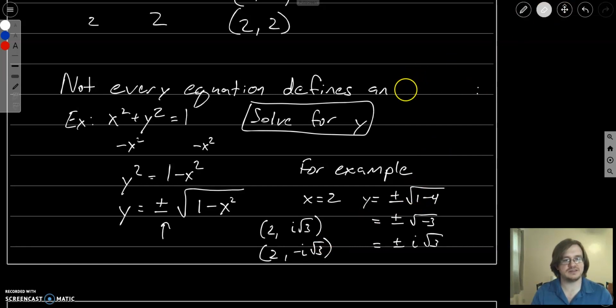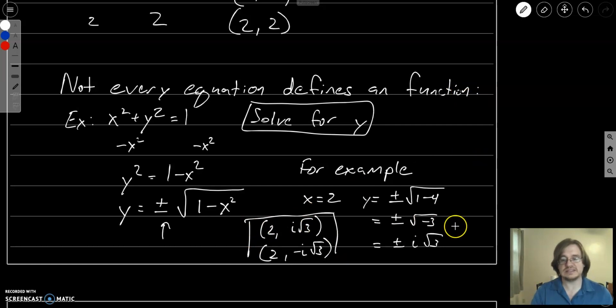I realize I wrote this wrong at the beginning. Not every equation defines a function. So this is what we should see, and here alarm bells going, because this is not going to be a function. 2 can't be related to two different things.